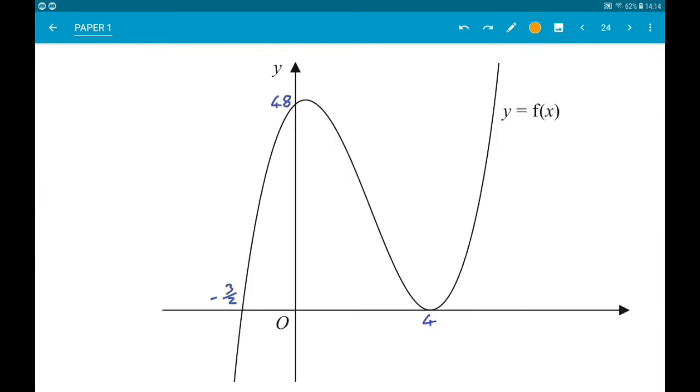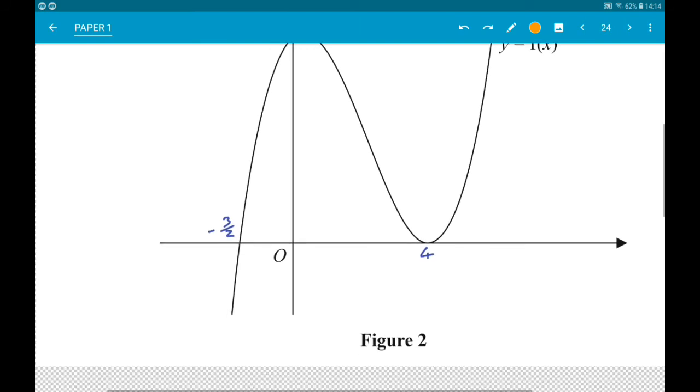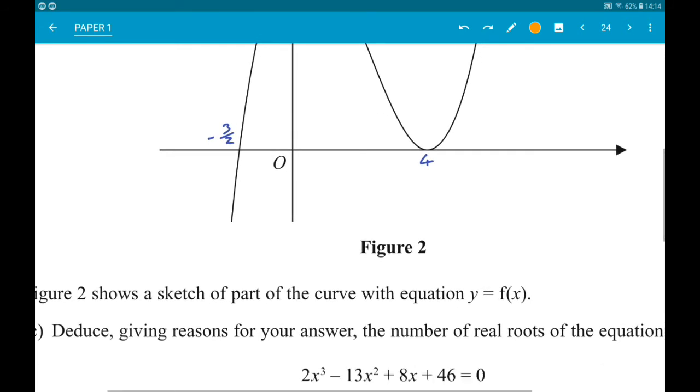And for part C, we're given part of the graph, so I've now put on what we know, the two roots and the y-intercept at 48. Part C then wants us to deduce the number of real solutions to 2x cubed minus 13x squared add 8x add 46 is equal to 0.